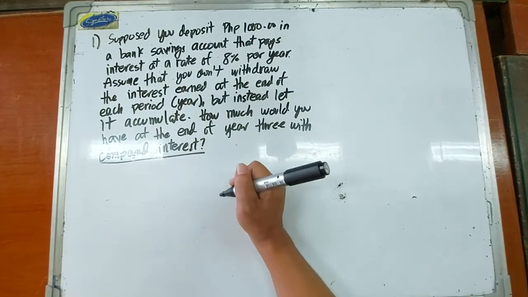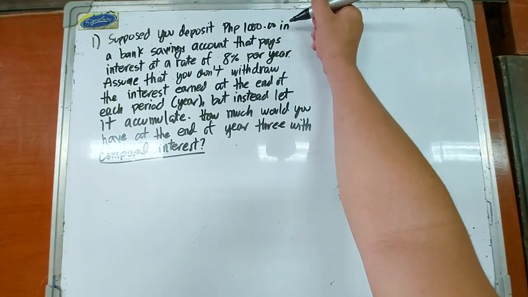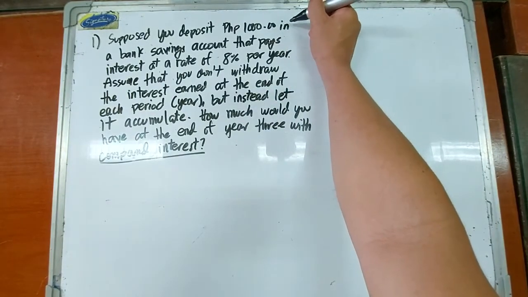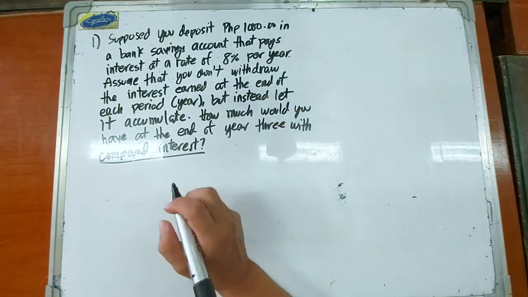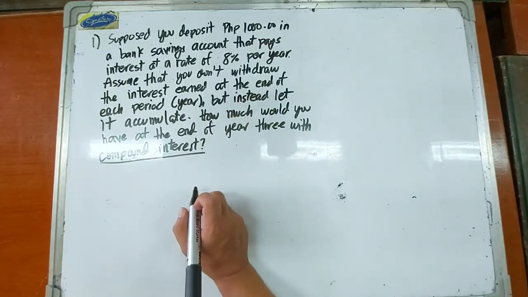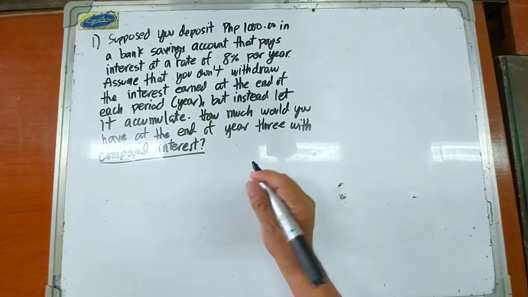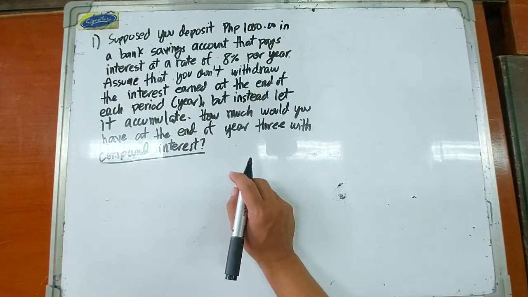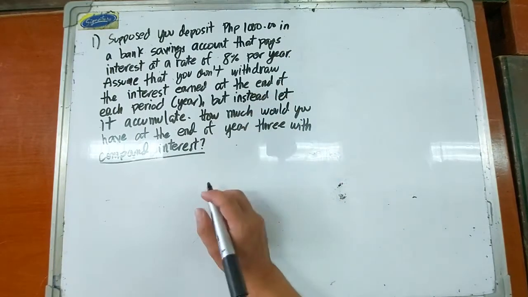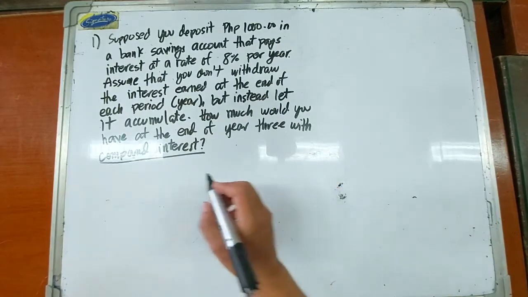So the problem is asking us the future worth of the initial or the principal na 1,000 pesos at the end of 3 years, okay, with 8% interest rate per year. So hindi niya sinabi per year pala, so compounded annually siya. So madali lang.